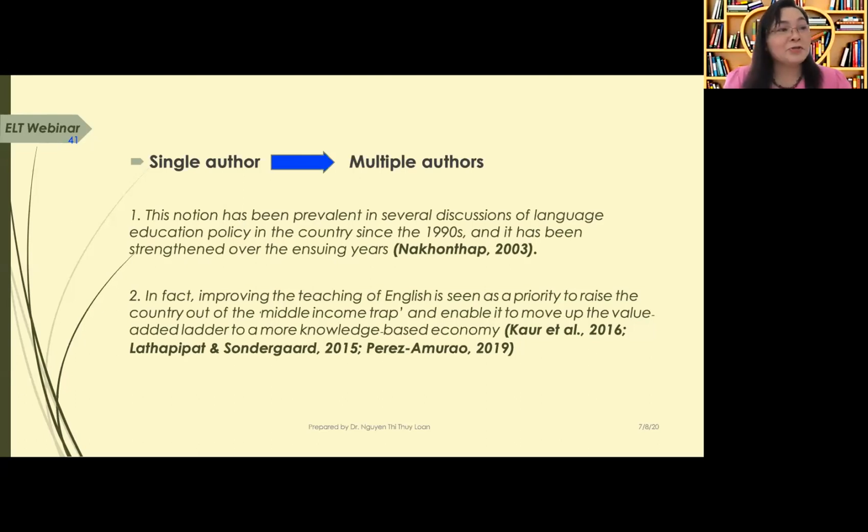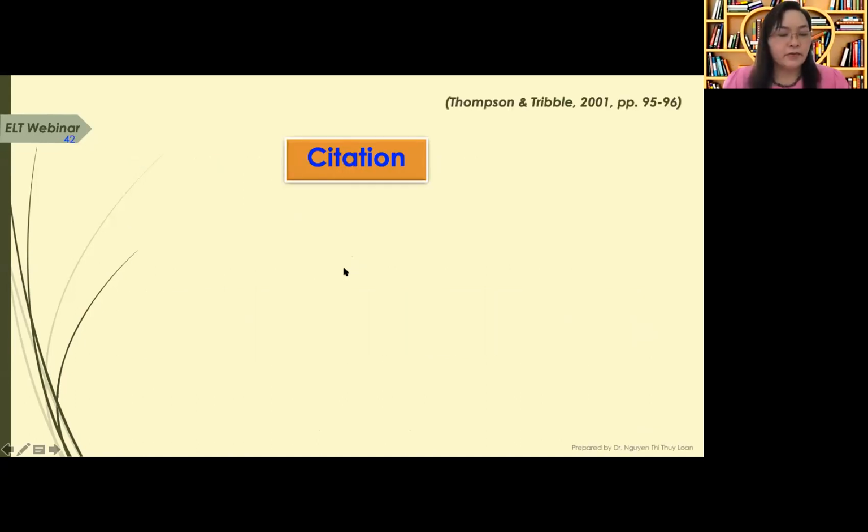It also shows that how you cite and who you cite influence your argument in the literature review chapter. The second thing I want you to remember is that there are two types of citation, the integral one and the non-integral one.